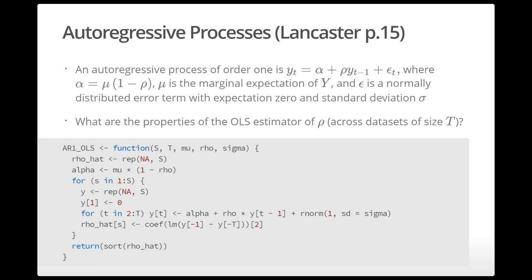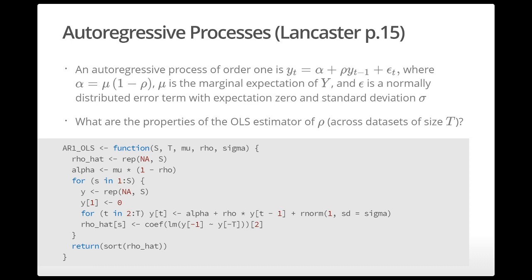I'll calculate alpha one time as mu times 1 minus rho, loop over all the simulations that I want to do, and allocate a vector of outcomes, putting a 0 in the first place just to condition on it. Then from 2 up to t, I'm going to use the autoregressive process to generate the data with random error terms that have a standard deviation of sigma.